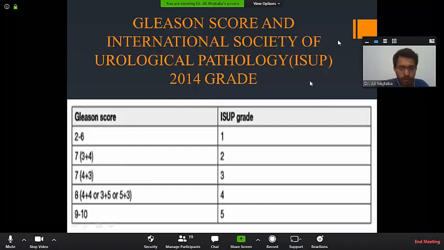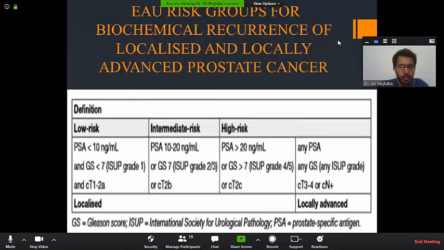A score of 8 indicates grade 4. A score of 9 and 10 indicates ISUP grade 5. The European Association of Urology guidelines are good for the treatment of localized and locally advanced prostate cancer.